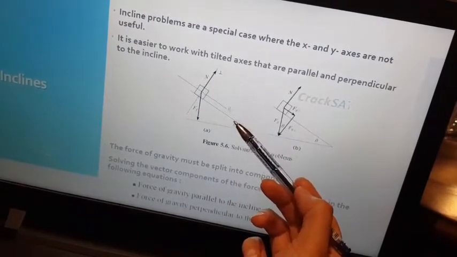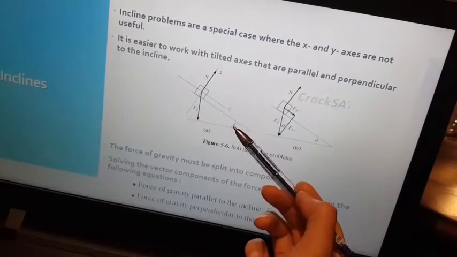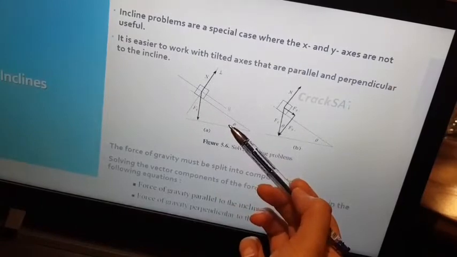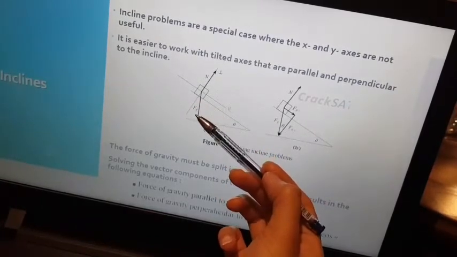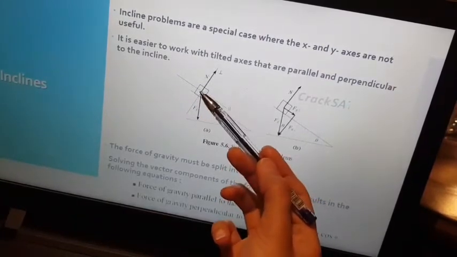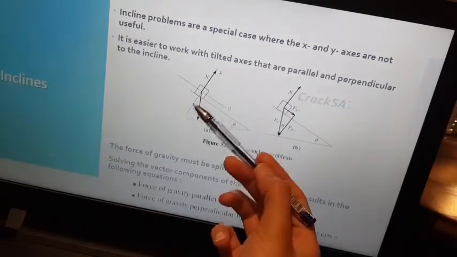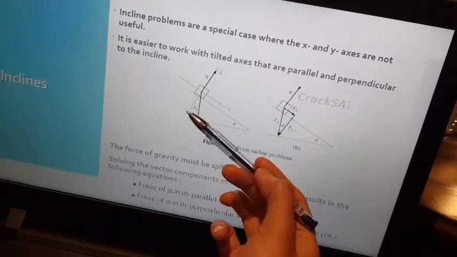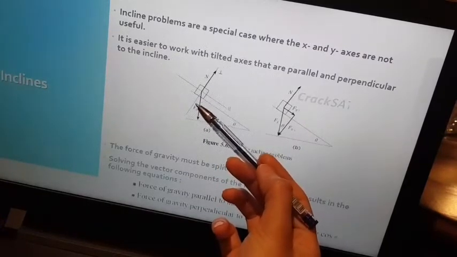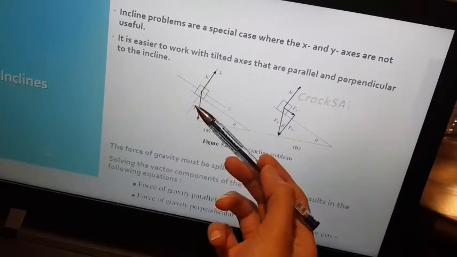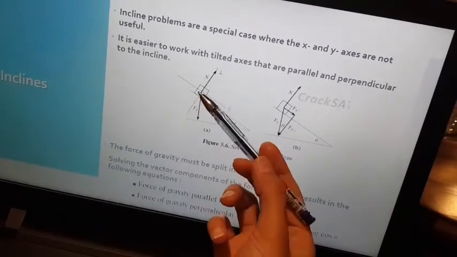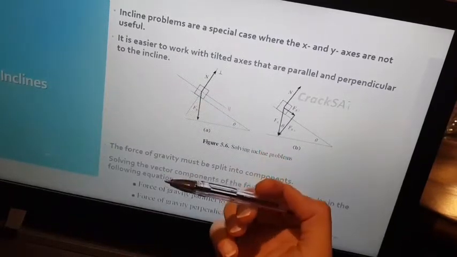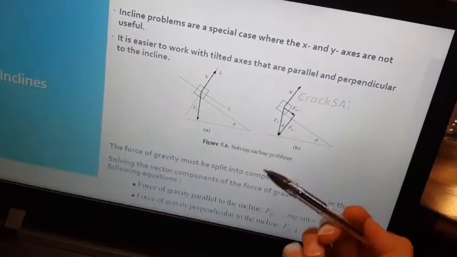Always the angle of the surface is the same as the angle here. If this one is 30, here it is 30. So it's easy to resolve. We say that Fg perpendicular, or Fg y, equals Fg cosine of this angle. Remember sine and cosine? And this one is Fg sine of the angle.